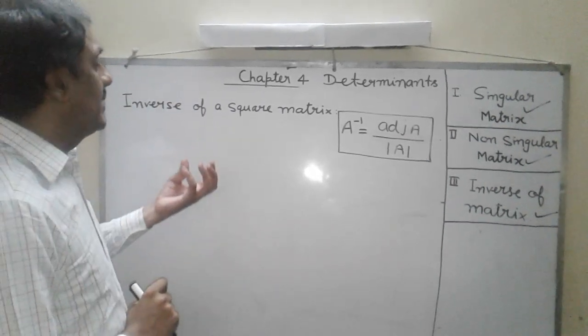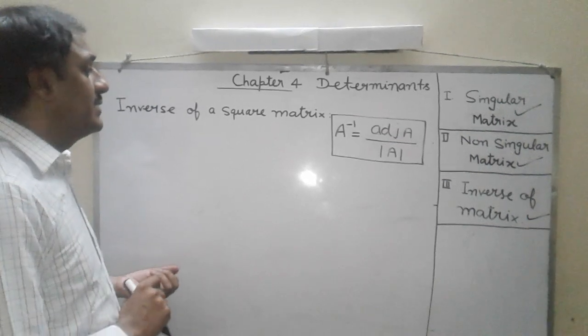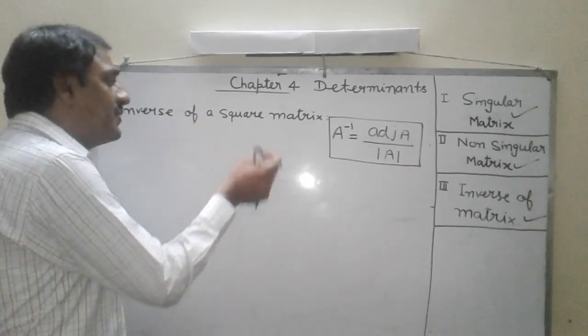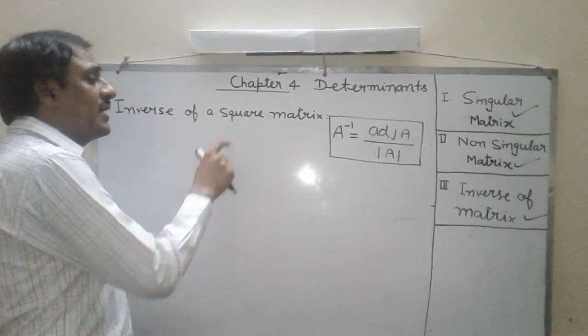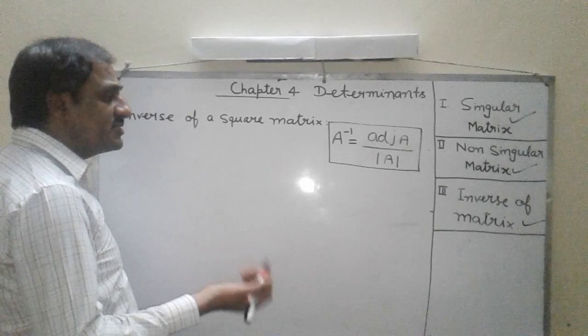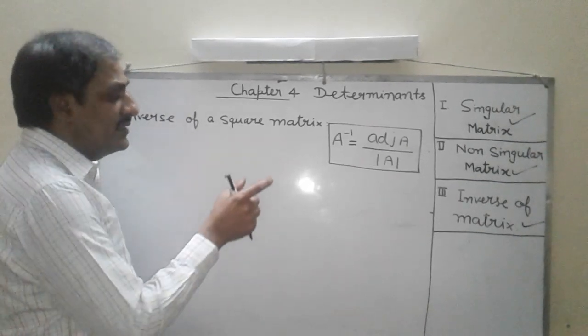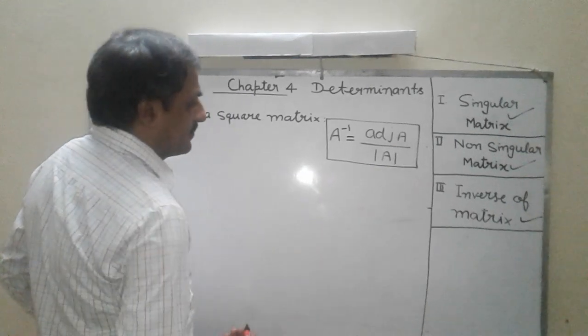You know what a non-singular matrix is: if the value of the determinant is not equal to 0.